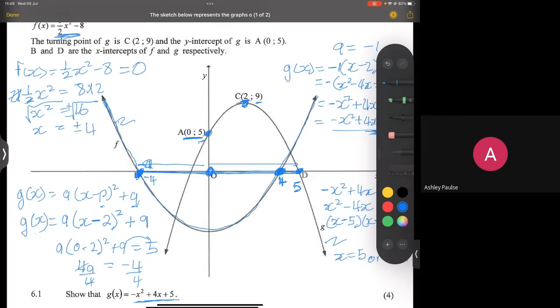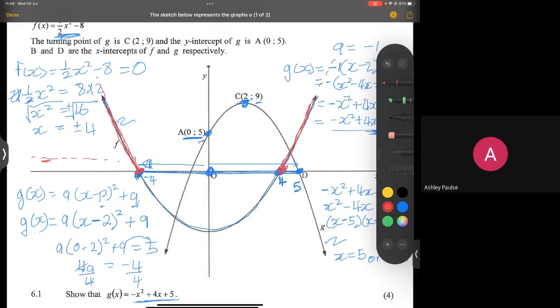Now, they said, where is this graph greater than 0? So where is it positive? It's positive over here. It's positive over there. This is the f graph, right? Now, it would be positive for all values of x from minus infinity all the way up until 4, right? But it would also be positive from 4 till infinity.